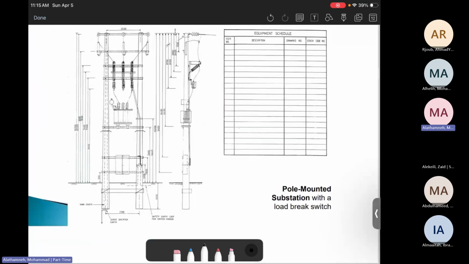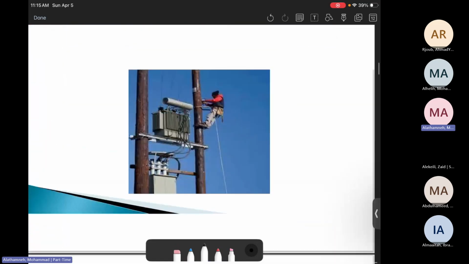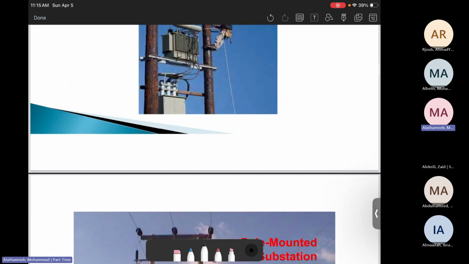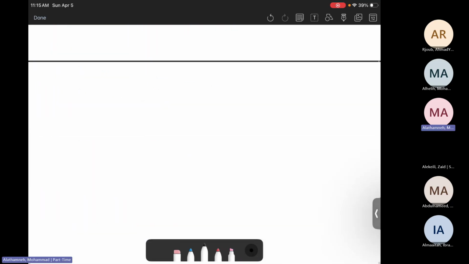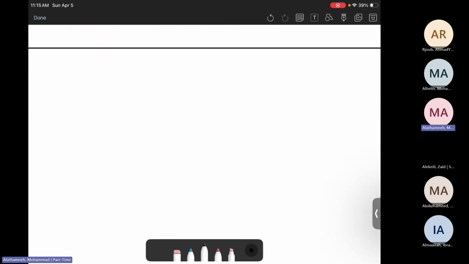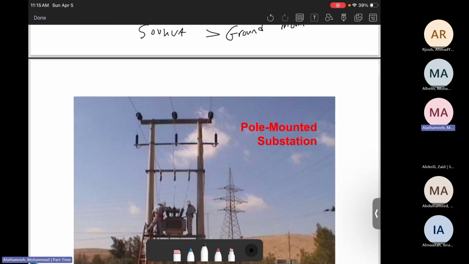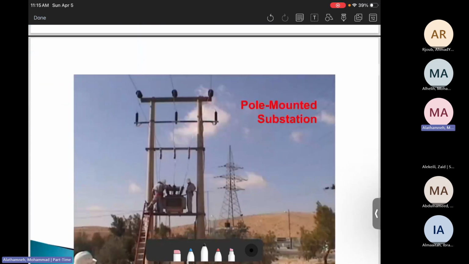And there is ground mounted. Maybe I don't have the image for the ground mounted, but it is mounted on the ground and will be larger than 250 kilovolt ampere but less than 500 kilovolt ampere. So depending on the current, if the power is too large, we'll use ground mounted. Here is a pole mounted.